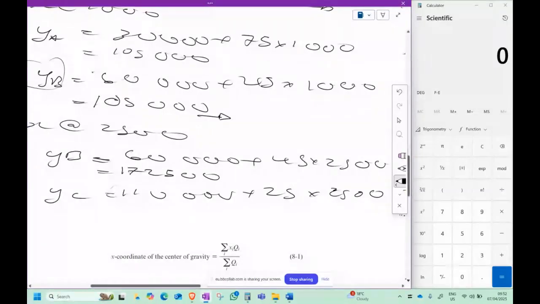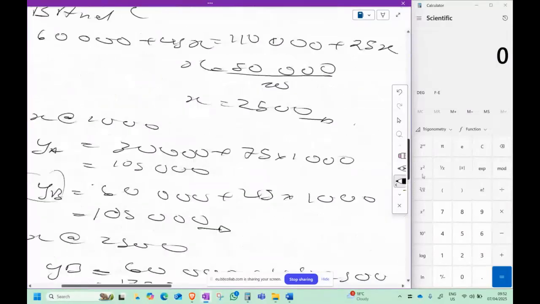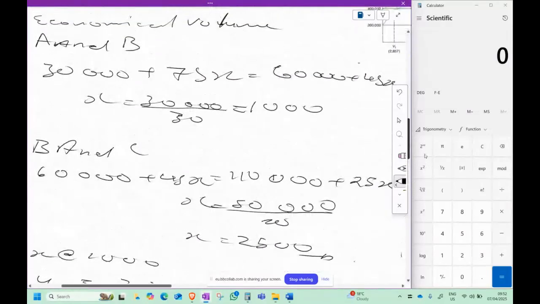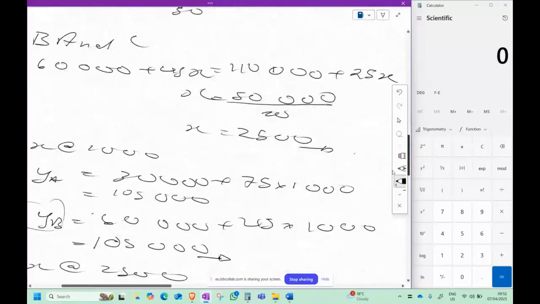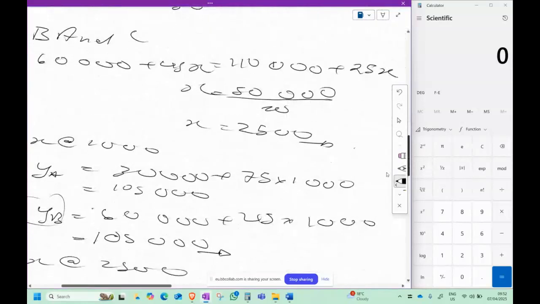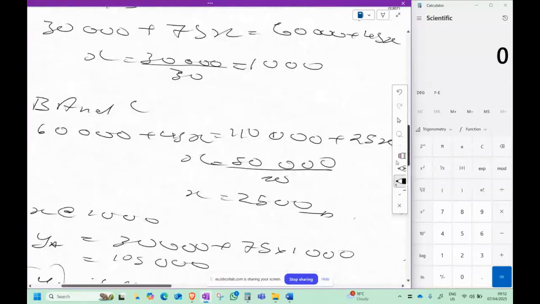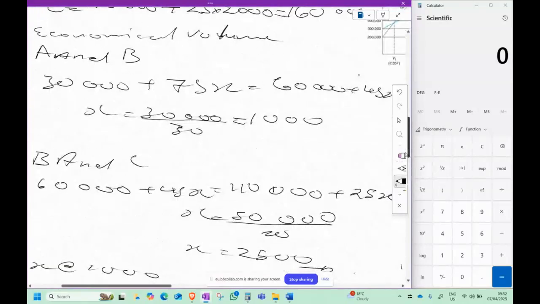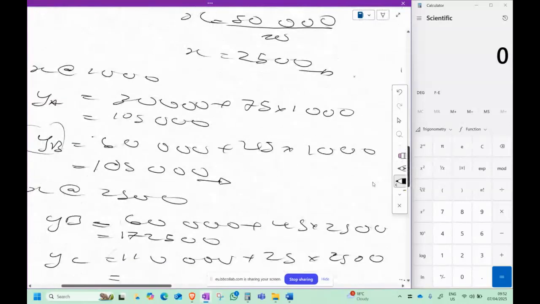So how are we going to know for option B that we are supposed to use 1,000 instead of 2.5? Look, we have two x's, remember. B is the only one that we utilize twice. Remember, we found A and B, and B and C. When we had A and B, we got 1,000, so you need to do YA and YB.